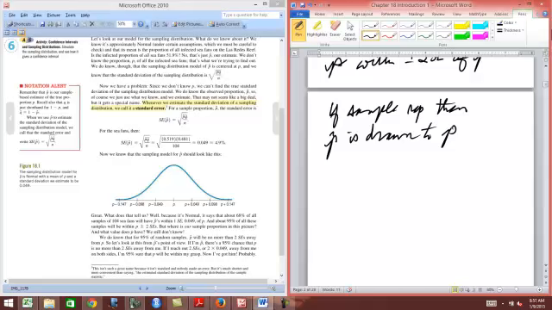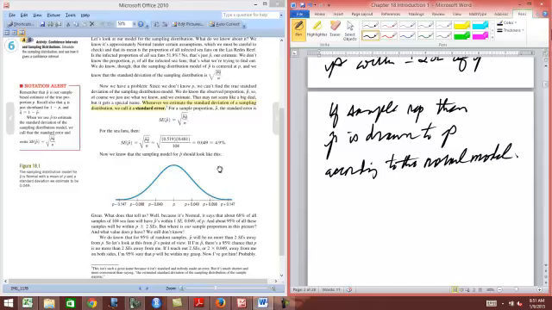And according to the normal model, we know that 95% of p hats, let's look right here, all the p hats that are drawn and representative, 95% of them are within 2 standard deviations of p.